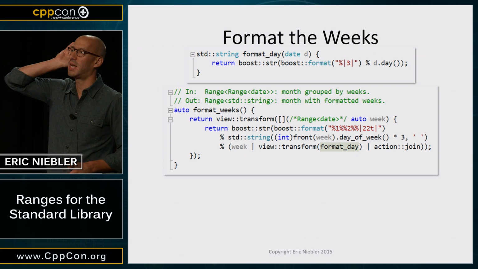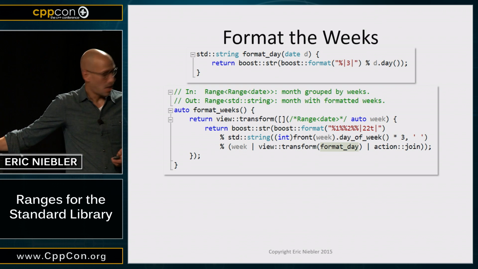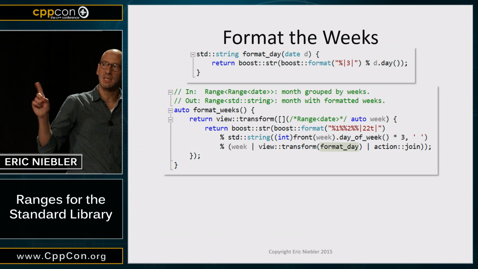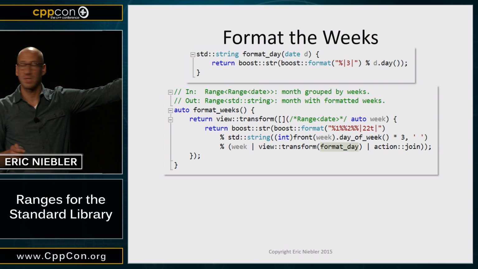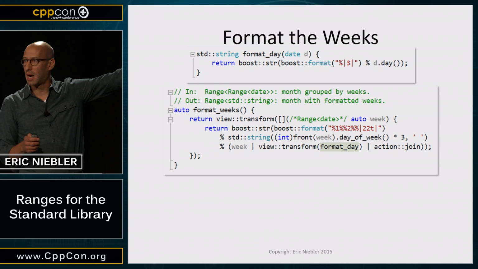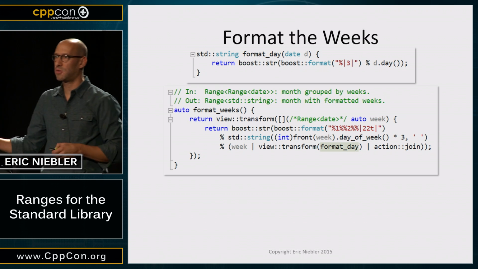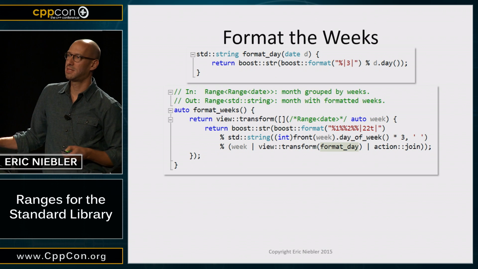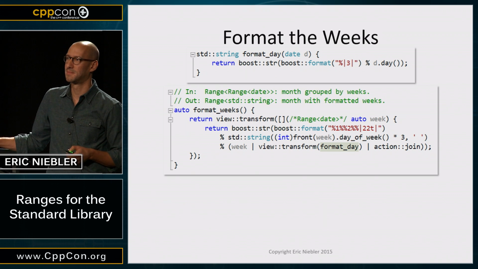I mentioned concatenate. Why didn't I use it? Right, so that's a really good question. The reason I didn't use concatenate is because we're going to be passing the result of this operation to this boost format operation. Boost format was written before I wrote my range library, and it doesn't know about lazy ranges, it knows about strings.